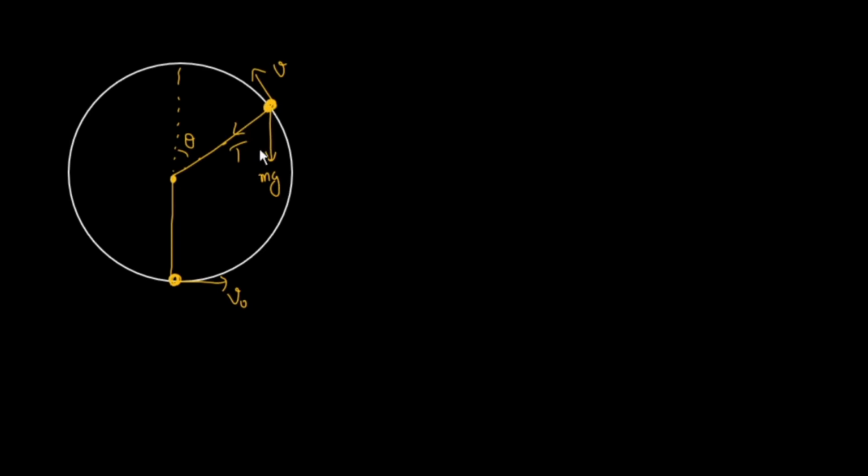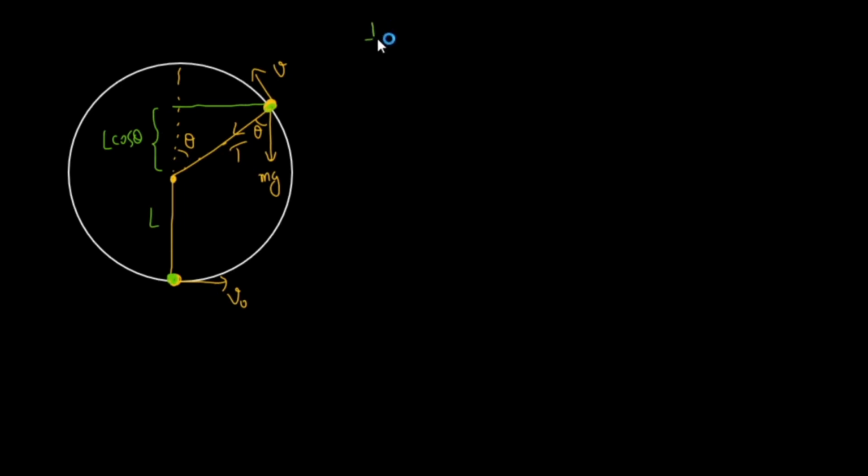Let's analyze this condition. If this angle is theta, then this angle is also theta. If I had to find my length, then this is L cos theta and this is L. So my change in height is from this point to this point, that is, L plus L cos theta.